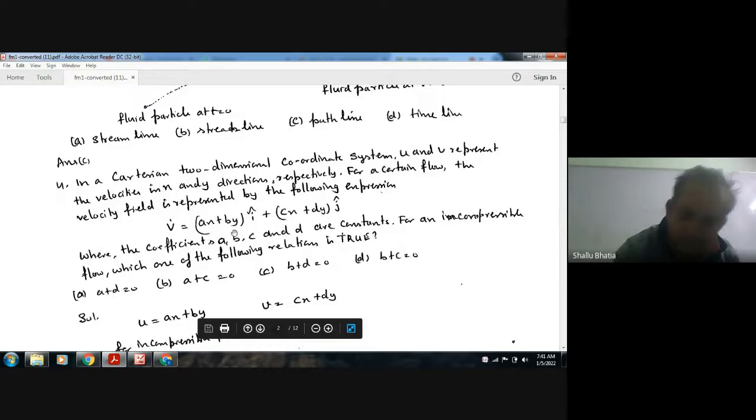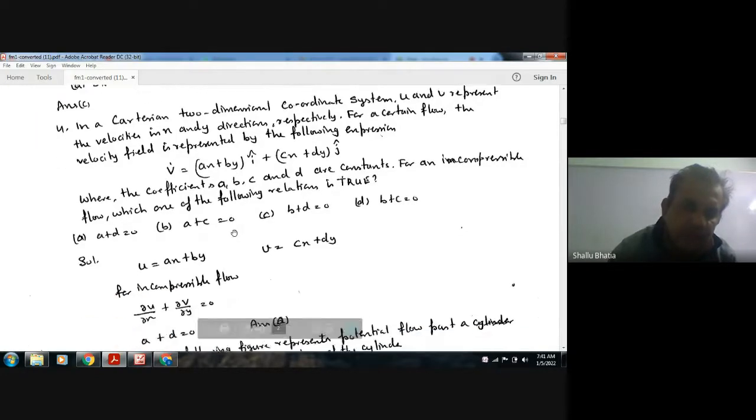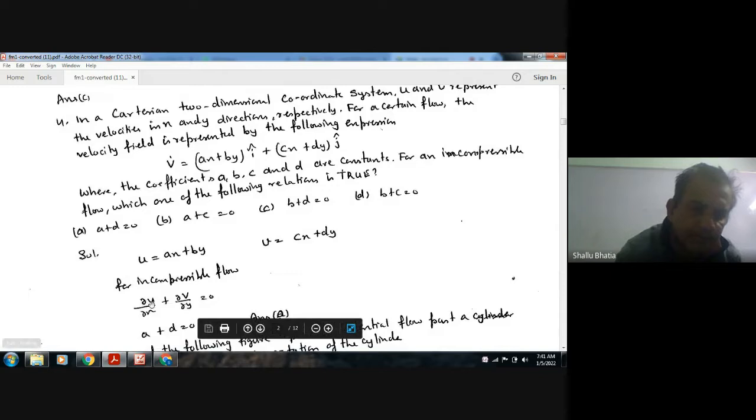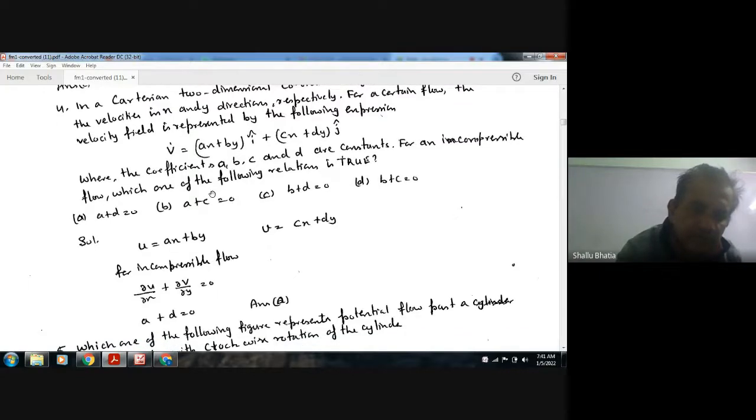For an incompressible flow, the continuity equation for incompressible flow should be satisfied, where density is not present. So this is the continuity equation of the incompressible flow, that is curly u by curly x plus curly v by curly y is equal to 0. So curly u by curly x is your a, and curly v by curly y is your d. So a plus d is 0. So answer is your A.